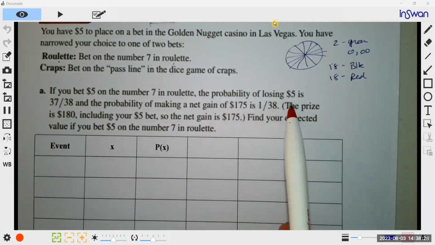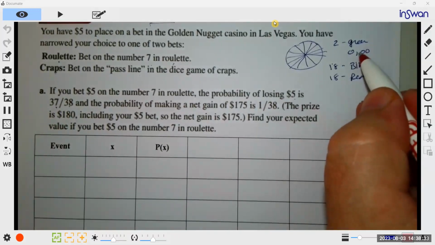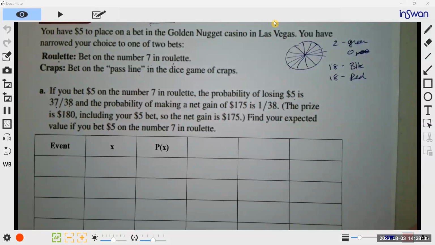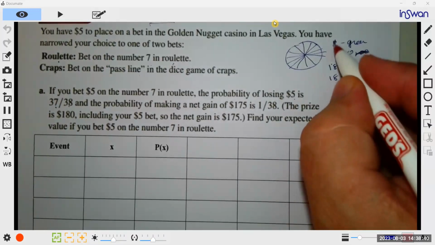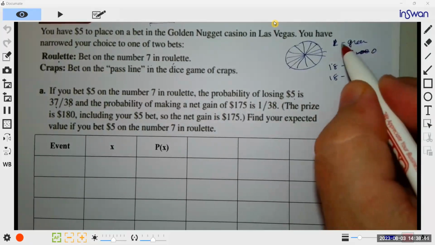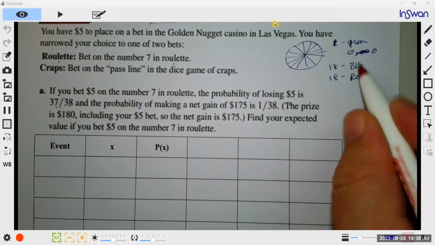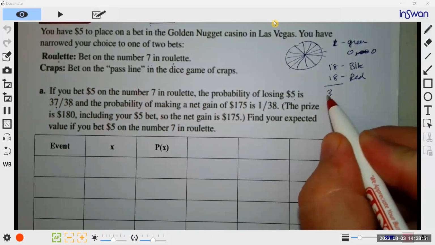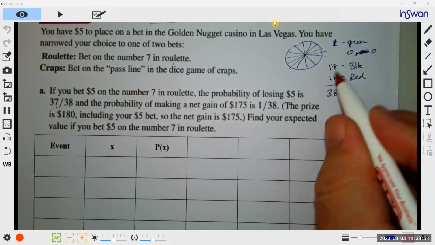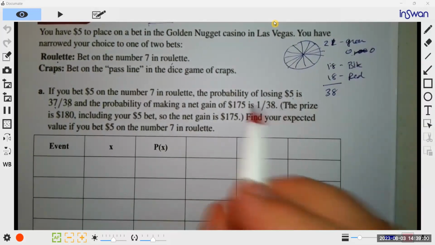So the probability of losing is 37 out of 38. They have two greens, so you have 38 possibilities to play: 36 plus 2 is 38, you have a 0 and a 00.